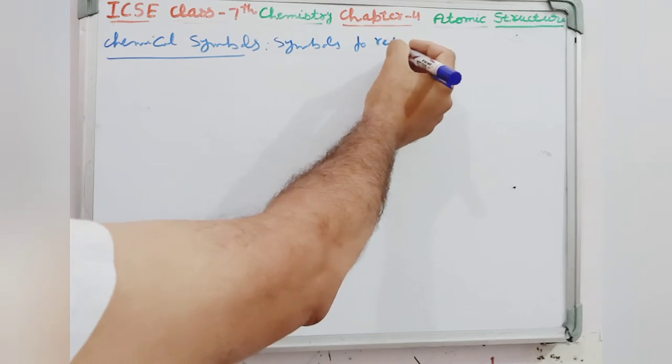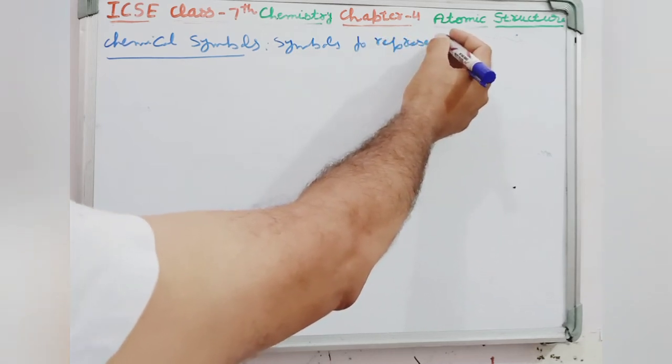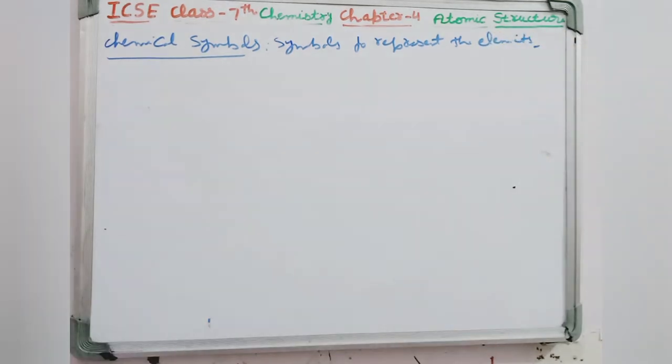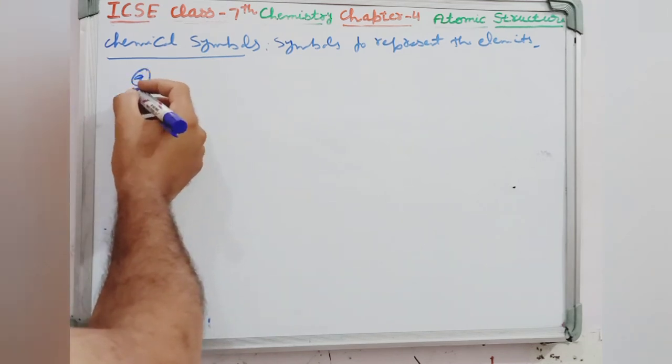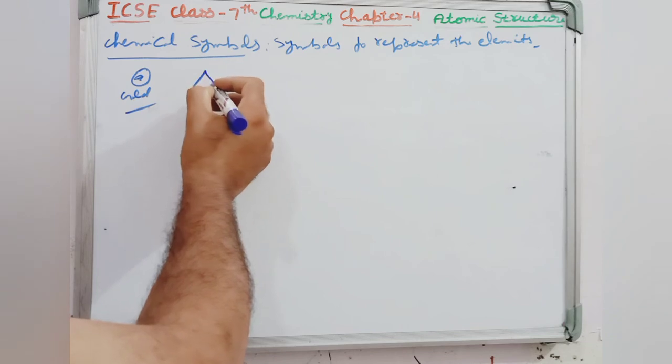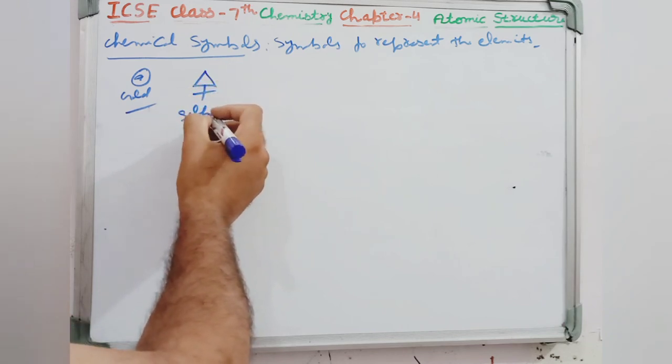Earlier they were used in an alchemical sense, with symbols like this. This was yellow, gold, and for sulfur some symbol like this was used.